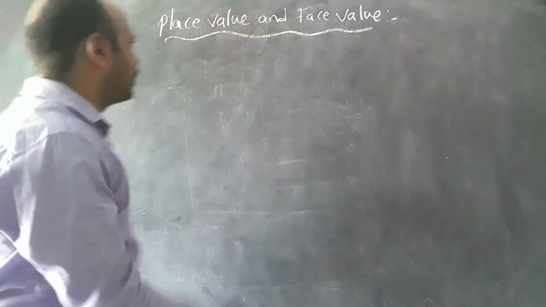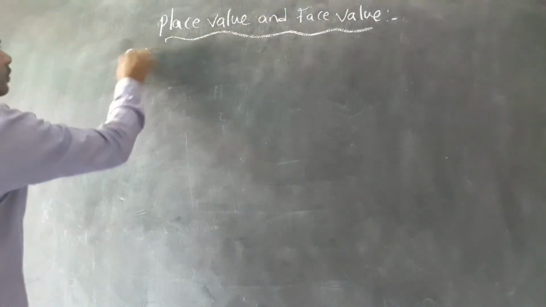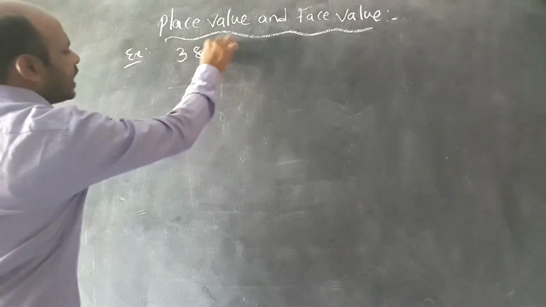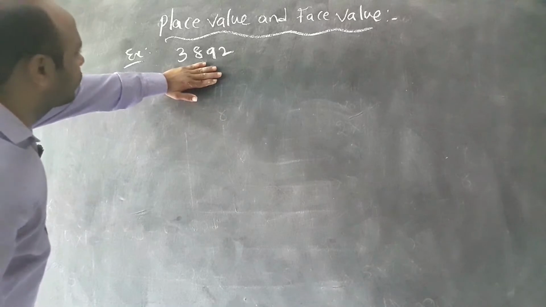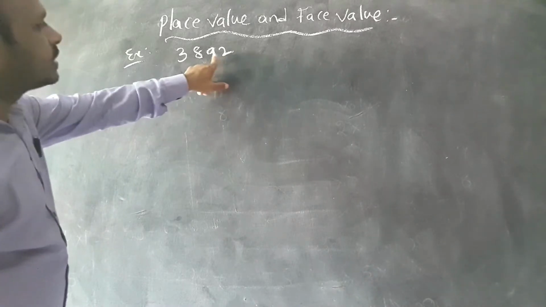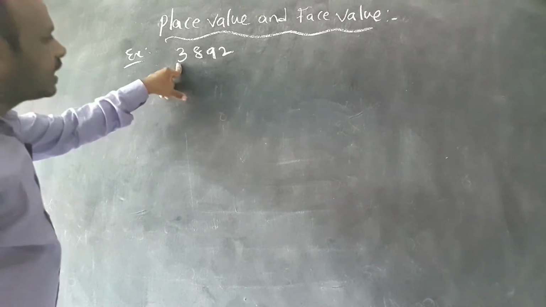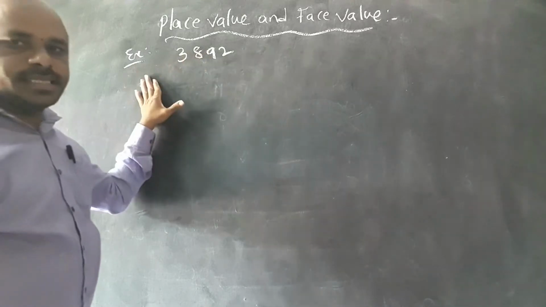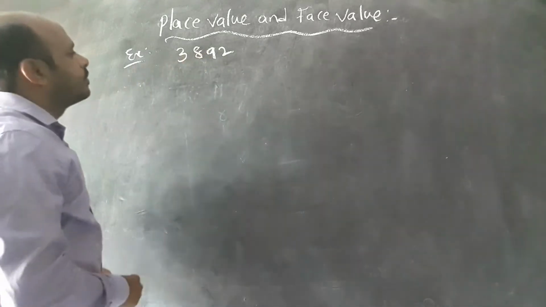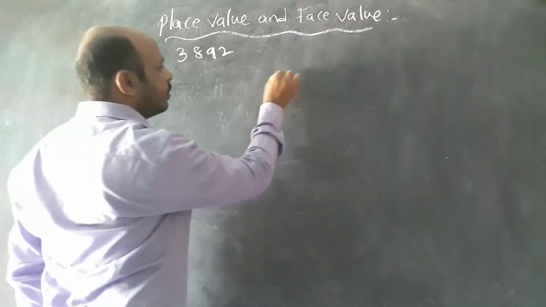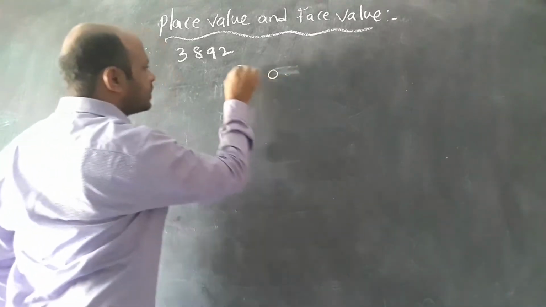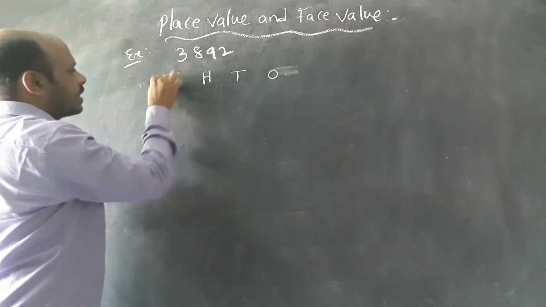See, for example, 3892. We read it as I told in the previous session: ones, tens, hundreds, thousands. Now we will divide this into place values and face values. We have to write ones, tens, hundreds and thousands.